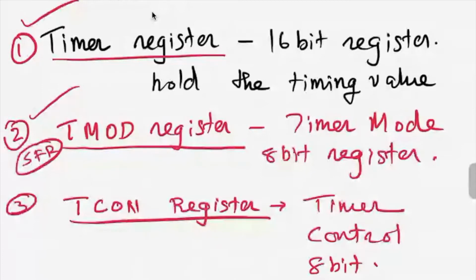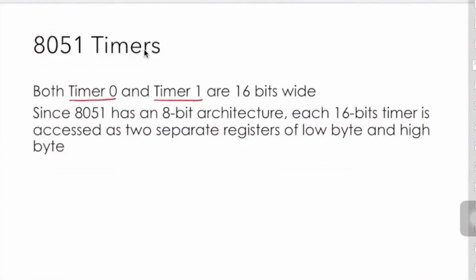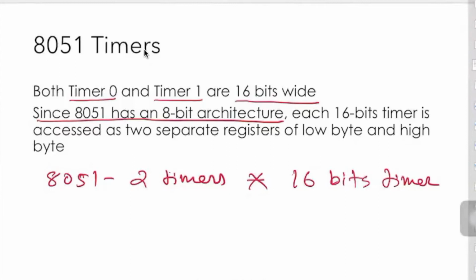Similarly, we have another special function register, that is the TCON register. So there are 3 registers associated with any timer. Remember, even though 8051 has an 8-bit architecture, these timers are basically 16-bit timers. Since there are no 16-bit registers, we will be using 2 8-bit registers to realize the 16-bit timer.